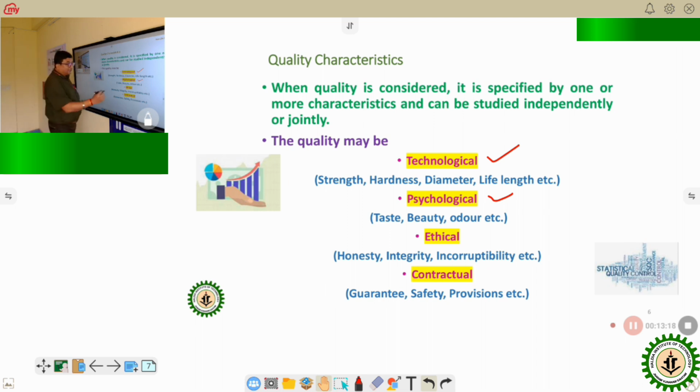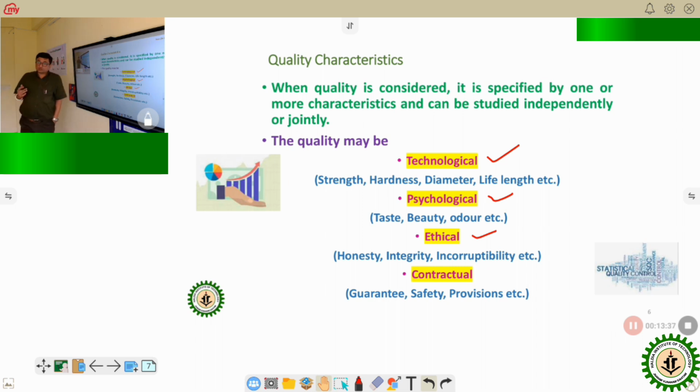Next is the ethical parameter. What it is: how honestly we are making the product. We see that most manufacturers, if they are dishonest and get caught, generally face court cases and all those things.